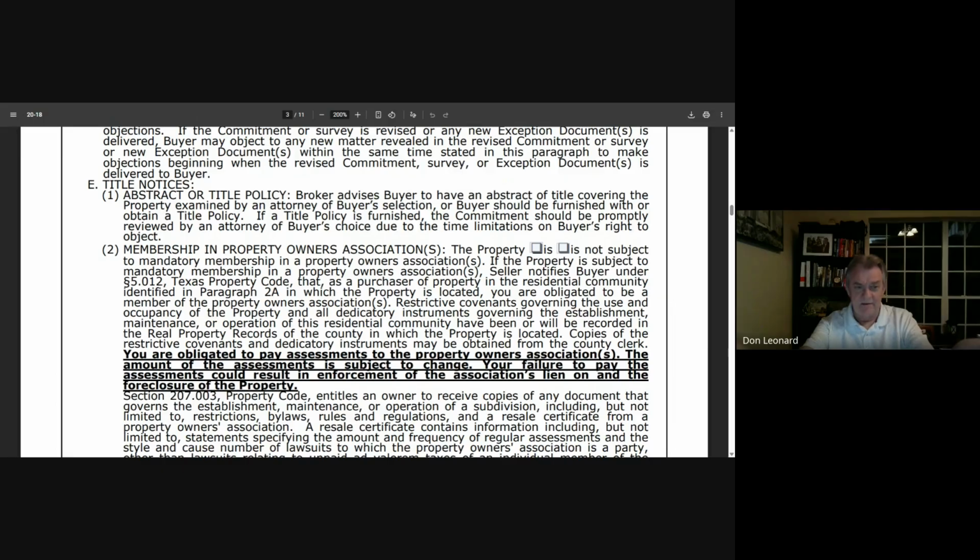Now, as long as you're using a promulgated form, the advice is there in writing, which is the requirement. So as long as you're using a promulgated form, you're fine. When you're representing a buyer in a builder transaction and you're using the builder contract, that verbiage is not in the builder contract. Builder doesn't care if we've done what we're supposed to do or not. And so it's not there.